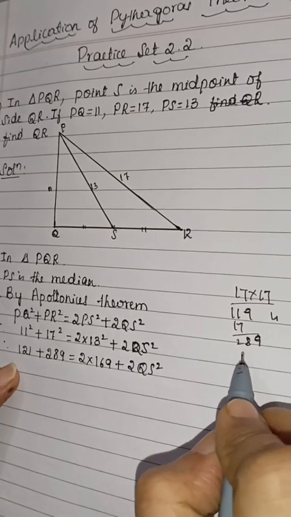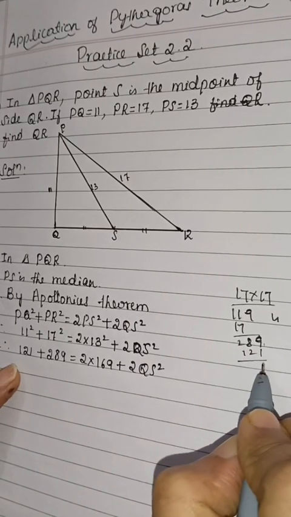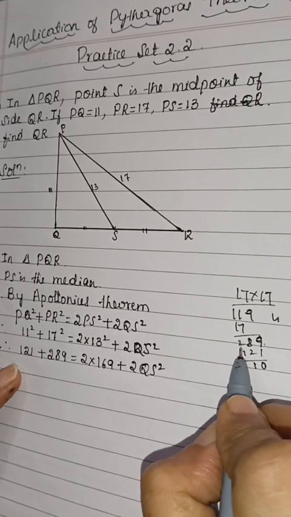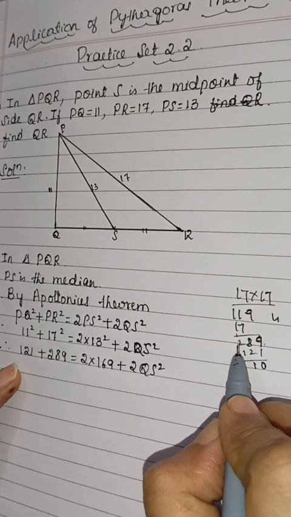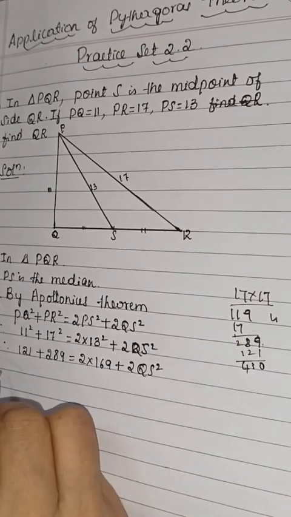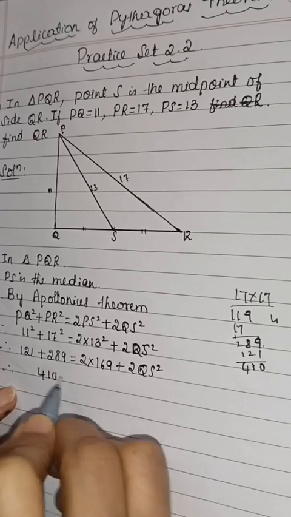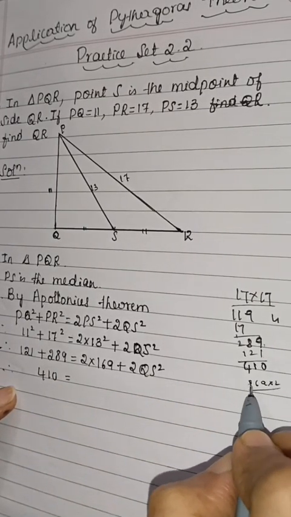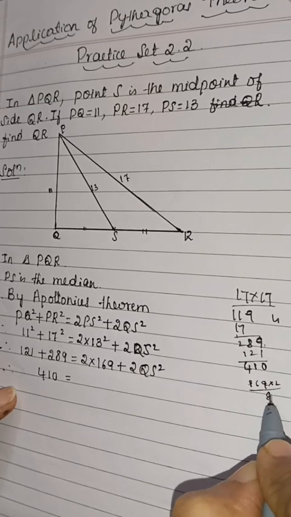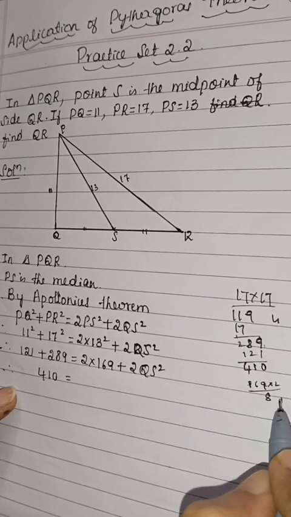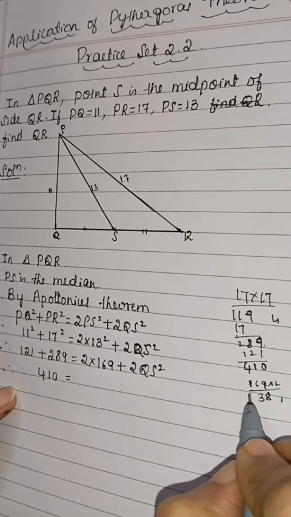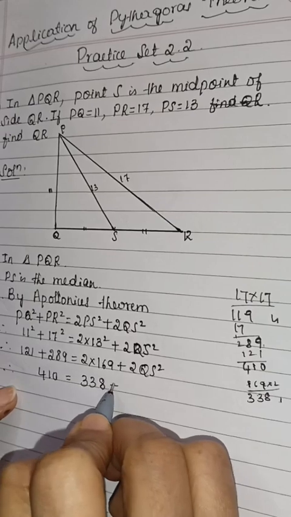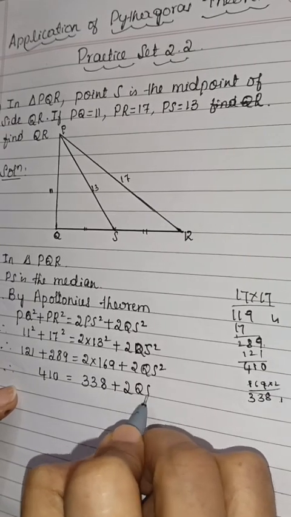Here 289 plus 121 is 410. Therefore 410 equal to 169 multiplied by 2, that is 338, plus 2 QS square.